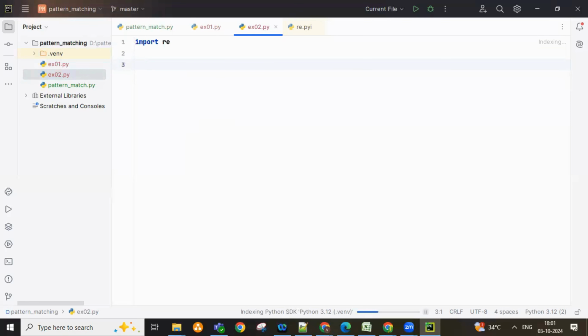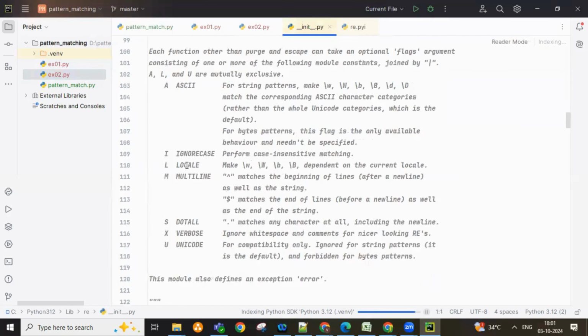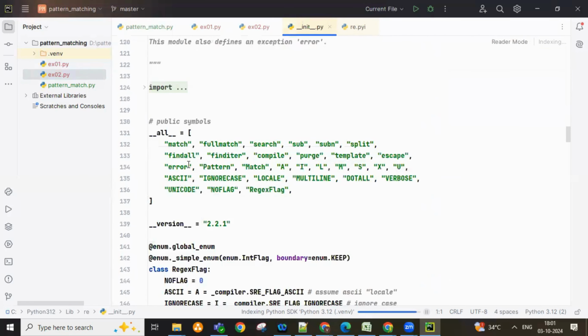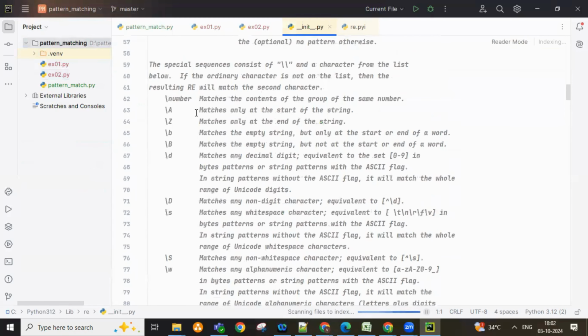So there are a couple more patterns. Let's say the first one is, for example, we'll try to shortlist first of all. Let me quickly click on this, and we have touched many of the portions here. Let us go back here. So if you see, slash number matches the content of the group, this is what we need to look into.